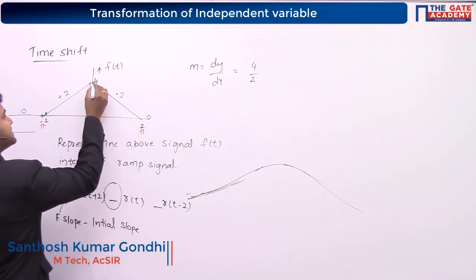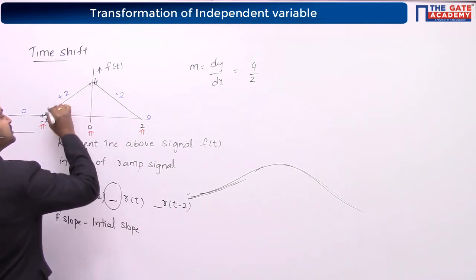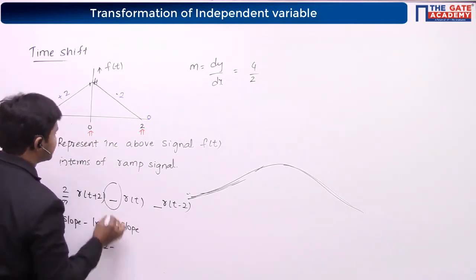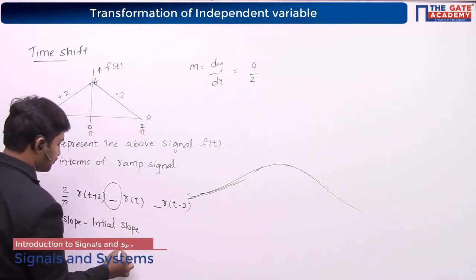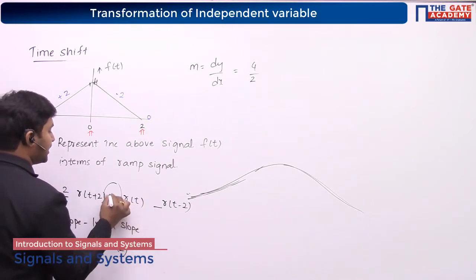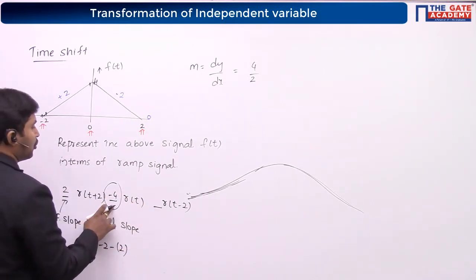Before crossing the slope is plus 2. So final slope minus 2 minus initial slope plus 2, totally it's going to become minus 4 over here.